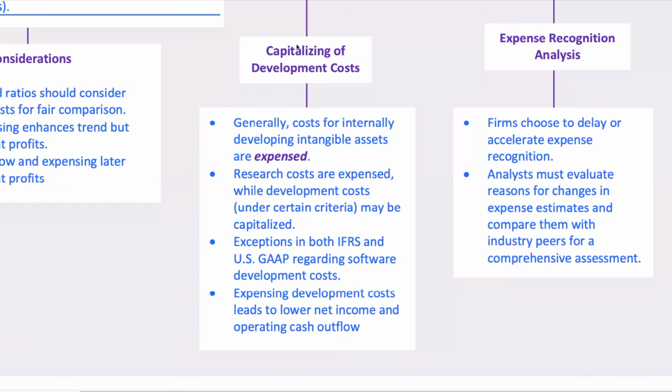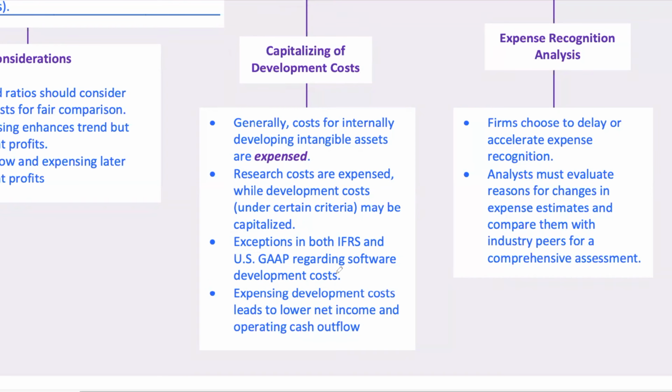Finally, let's touch on the costs of developing intangible assets like software. Generally, these costs are expensed, but there are exceptions, especially in research and development, R&D. IFRS allows development costs to be capitalized if certain criteria are met, while research costs must be expensed. US GAAP usually requires both research and development costs to be expensed, but there's a twist.